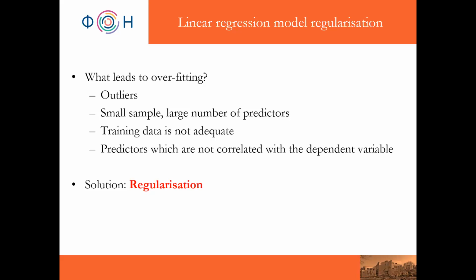Some statistical literature suggests that for each and every predictor, you need to have at least 10 entities.